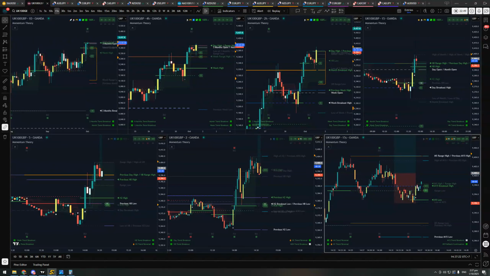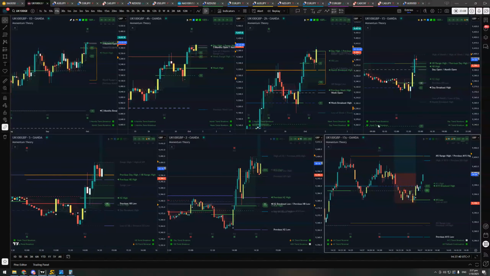Okay, almost there. So this is a pullback continuation, just waiting for price to close. And close where I wanted. And now I just want to see price continue up.